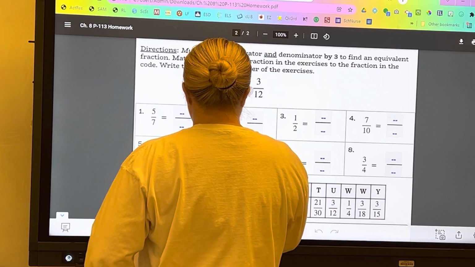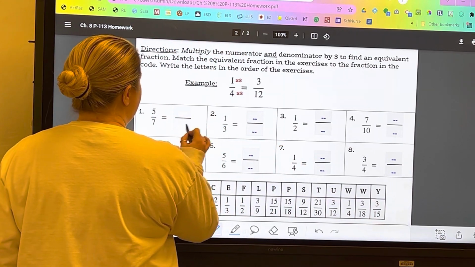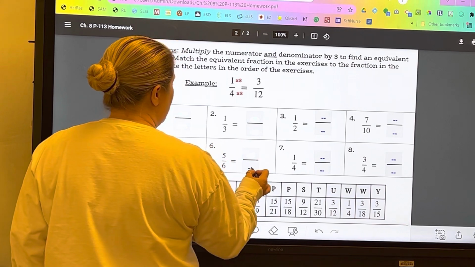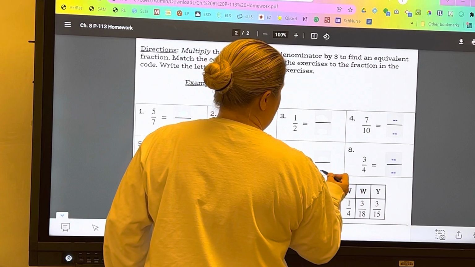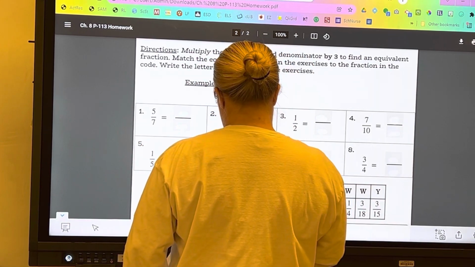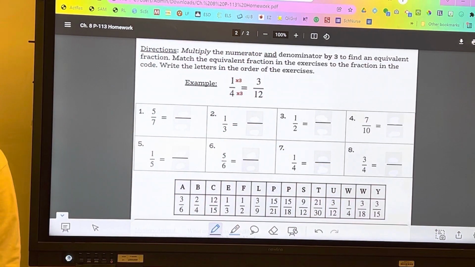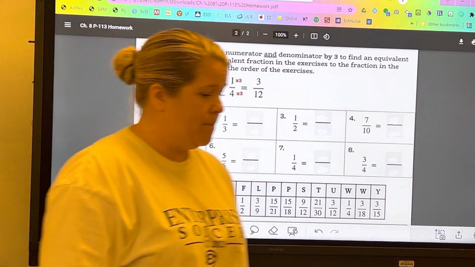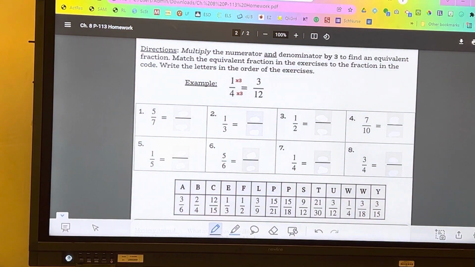All right, so let's take a look at this. So I have 5/7. Your person hopefully should have put their times 3 on the top and the bottom. If they didn't, is it wrong? If they didn't, put a big sad face on there, because I want to see that every single time. If they didn't do it on every single one, put a sad face.